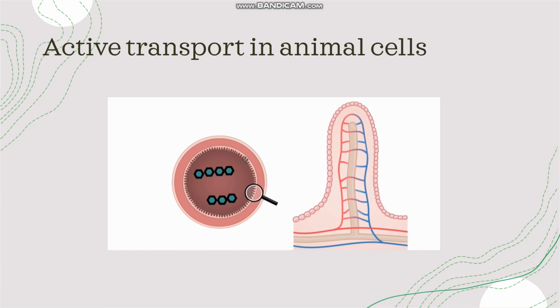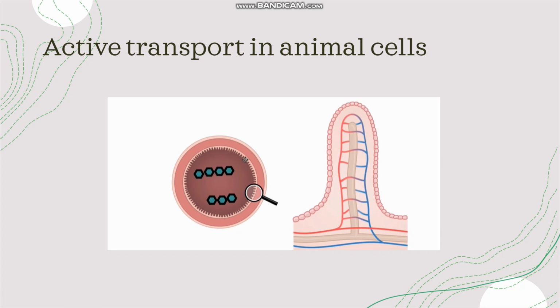Okay, so active transport in animal cells. So this is the small intestine. On the left you can see the cross section of a small intestine, and on the right is a close-up version of a villi. So villi are structures that have large surface area to absorb most minerals and stuff in the small intestine.